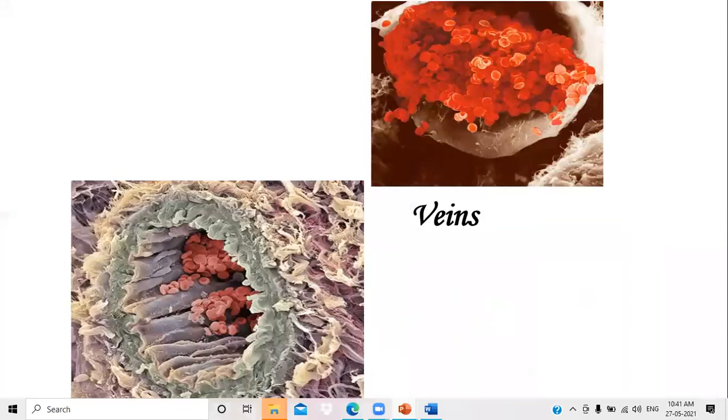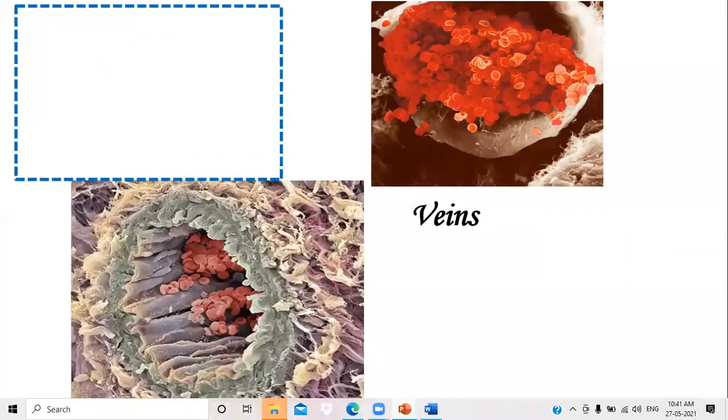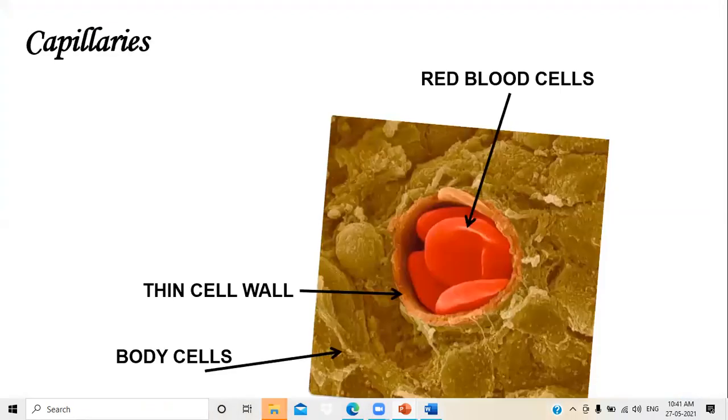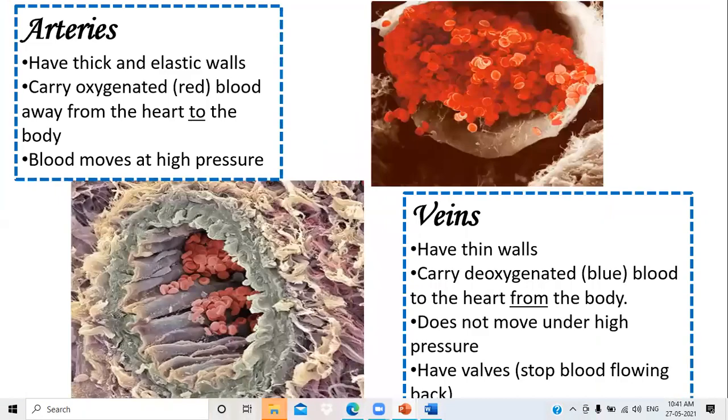And the roads that control this traffic are the arteries, the veins, and the capillaries. Those are the three main types of blood vessels inside your body. Those are the roads that the blood, whether oxygenated or deoxygenated, flows through inside your body, okay?